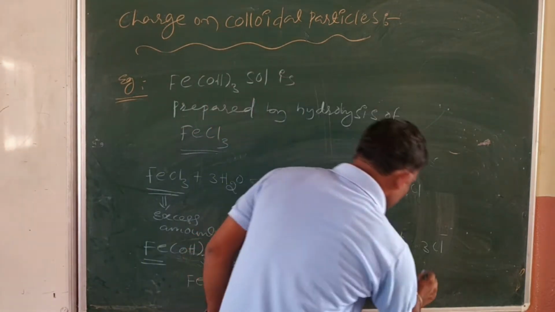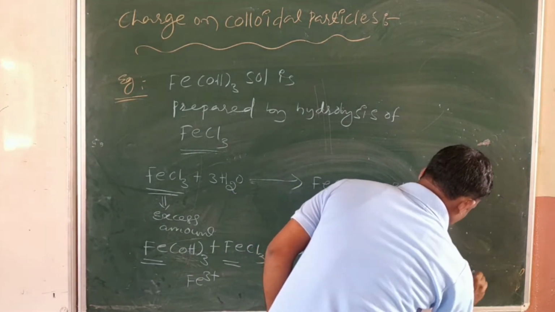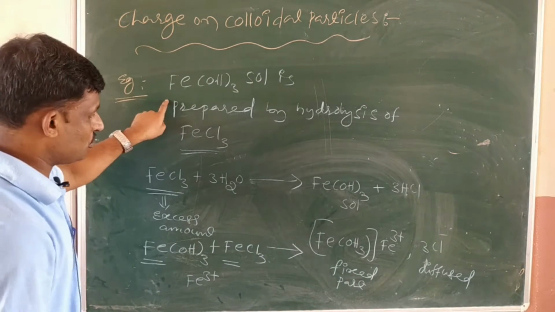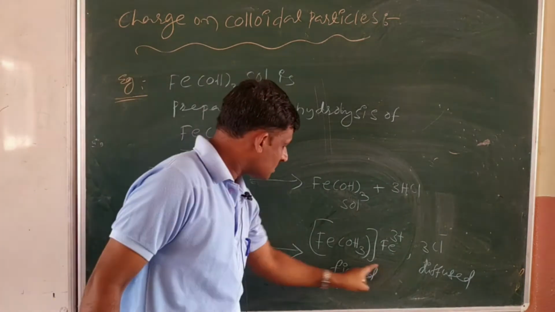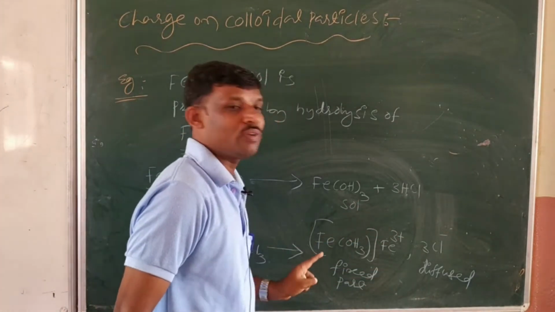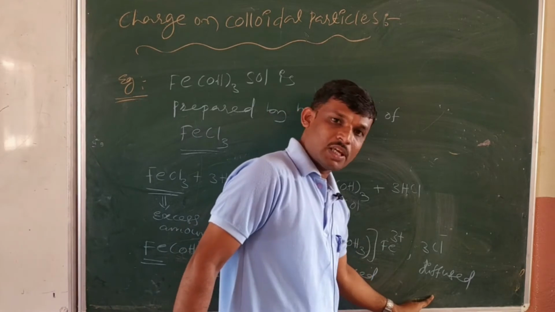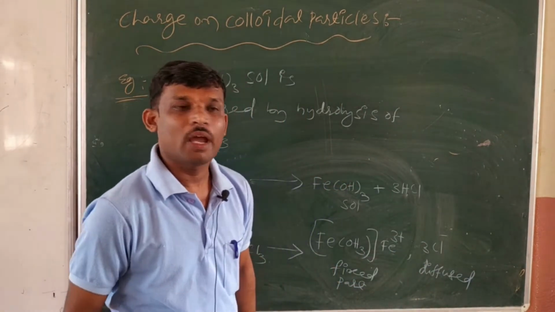This is the diffused part, Cl−. I am going to talk about the Fe(OH)3 sol only. Which charge does it carry? Positive charge, because the fixed part is formed like this. One is the fixed layer, one is the diffused layer. Got it?